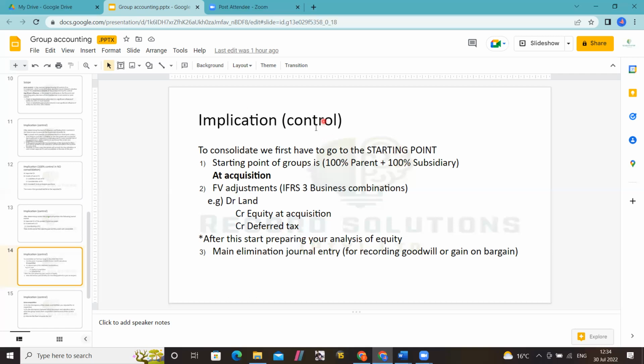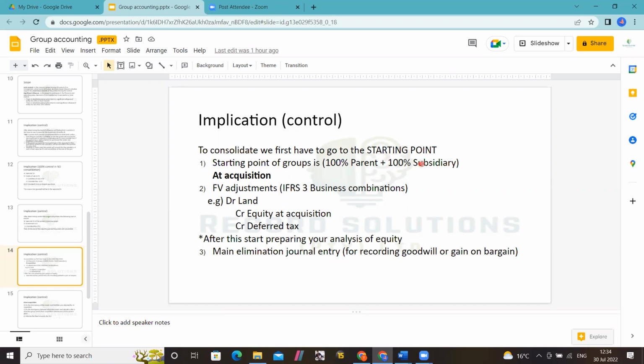So what you're just going to have is this journal entry of land, or the PPE you debit, and then equity at acquisition you credit, right? In this case, what does it mean? This equity at acquisition basically means something like profit or loss at acquisition. Because imagine this subsidiary thinks this PPE at this point is worth 80,000.